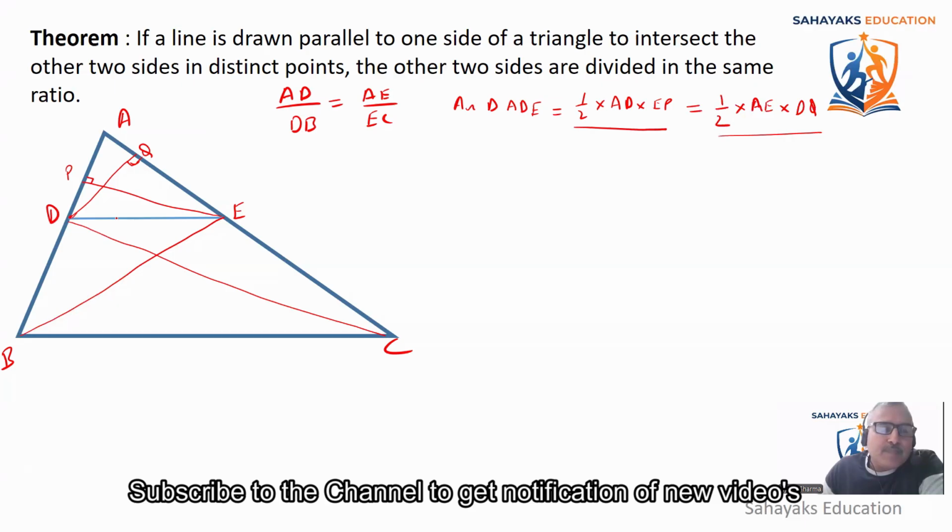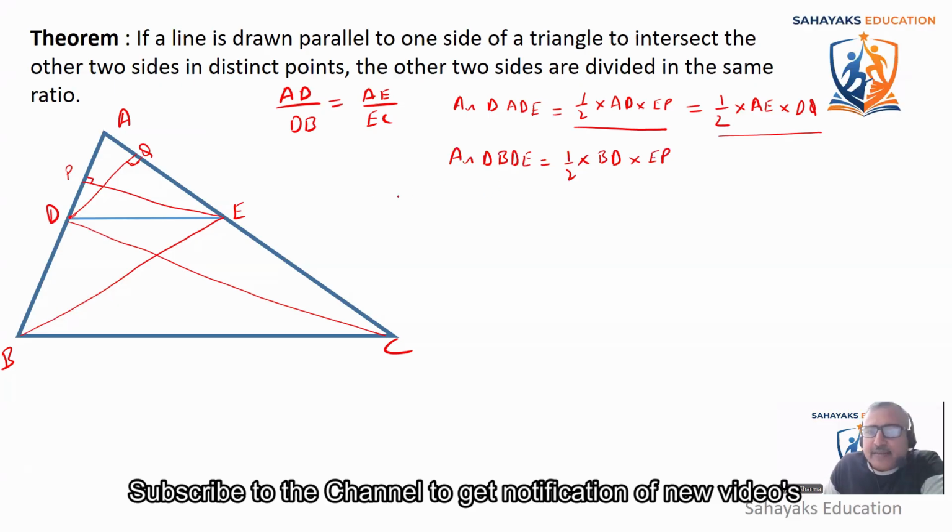Now coming to the area of triangle BDE. The area of triangle BDE is equal to half into base, considering the base as BD, multiplied by the height. What is the height? EP. The height is EP.